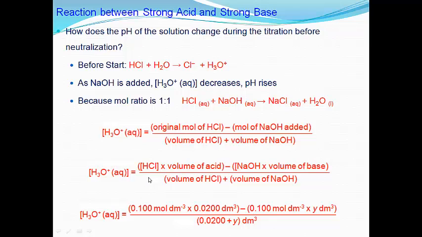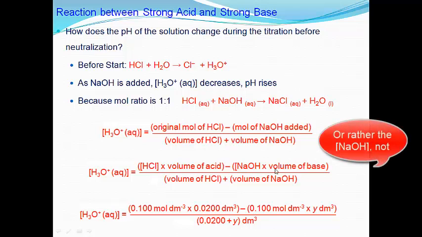To find the moles of the acid and the base, we multiply the volume of the acid times its concentration, and the volume of the base times the sodium hydroxide concentration. And so the concentration of H3O plus is equal to the moles of the acid minus the moles of the base over the total volume, which turns out to be as shown here.